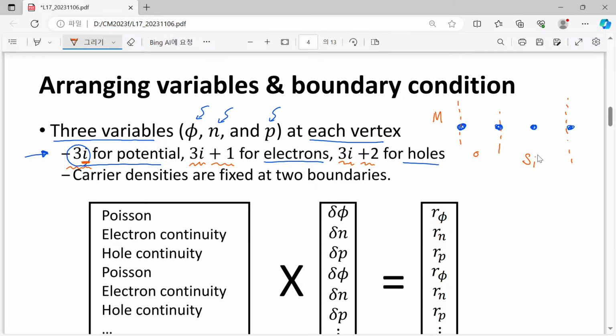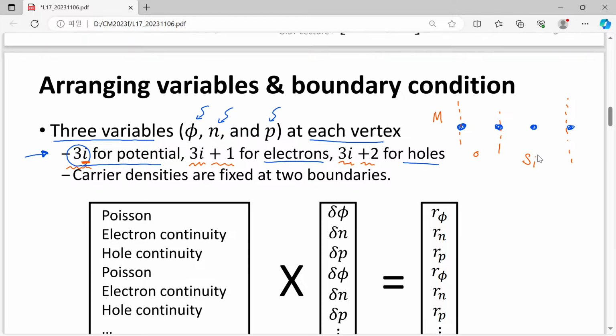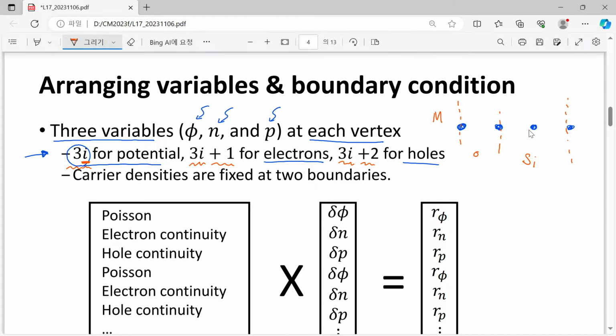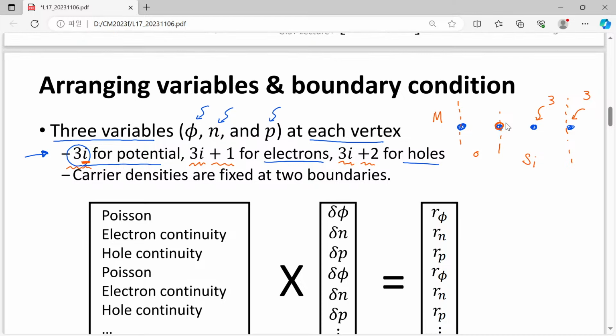Although we have 4 different nodes, how many solution variables are needed? Of course, for this silicon part, we need 3 variables, and here we need 3 variables. And how about this interface point between oxide and semiconductor? We need 3 variables.